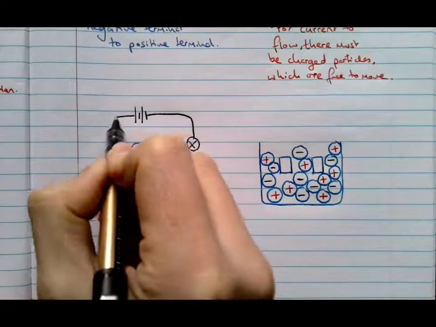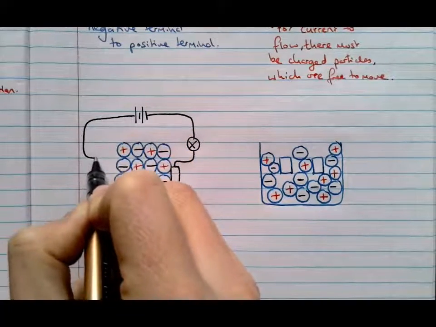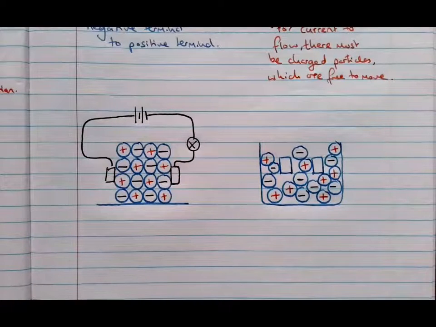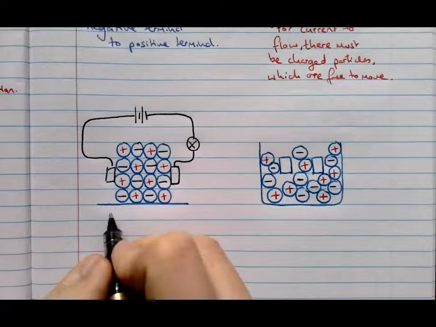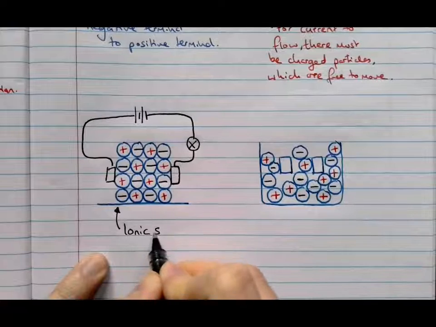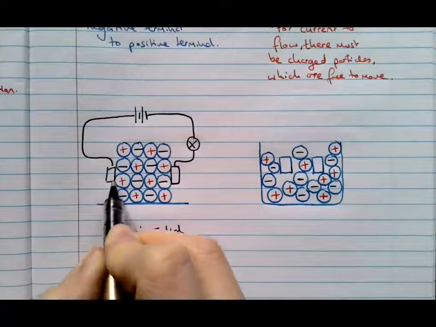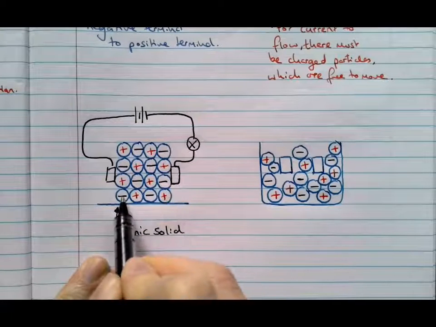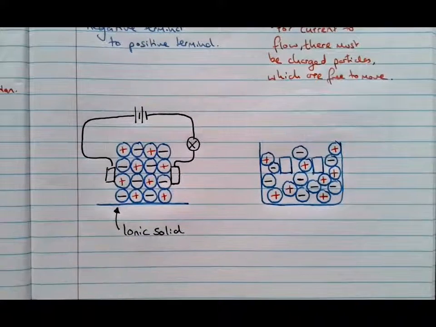I can bring the other end around here and attach it to the other side of my solid. You should be able to tell that this is an ionic solid, because it's got a regular shape and alternating ions.